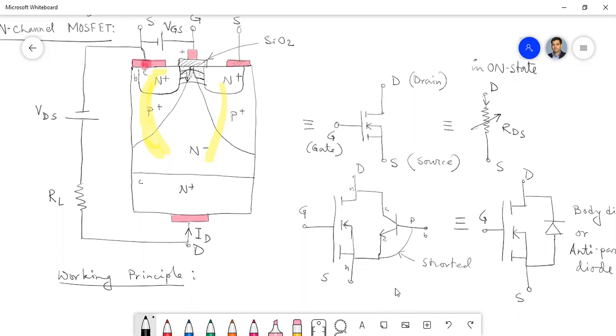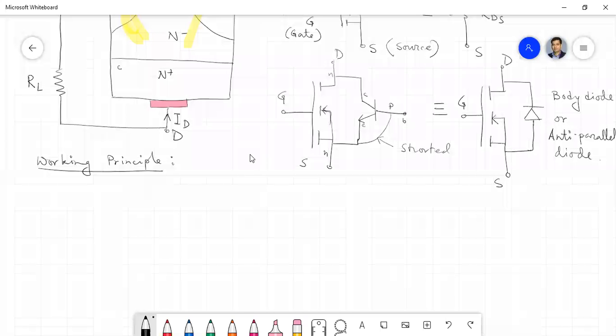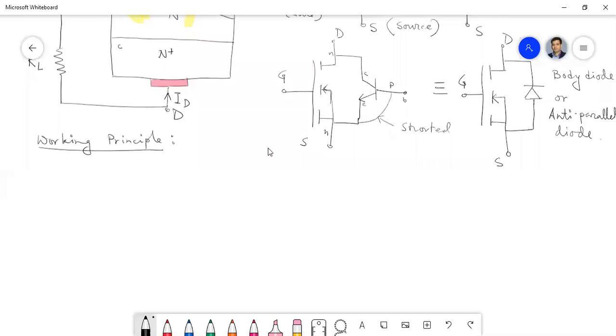Okay, the switching frequency you can make in the order of 500 kilohertz. Is it clear? So that is the main advantage of power MOSFET. And the disadvantage, as I told you, is that it doesn't have any reverse blocking capability.